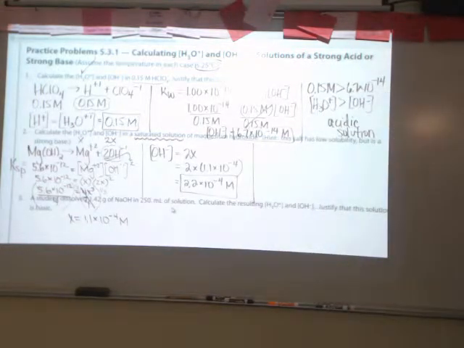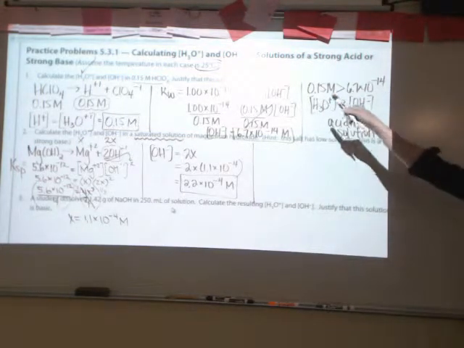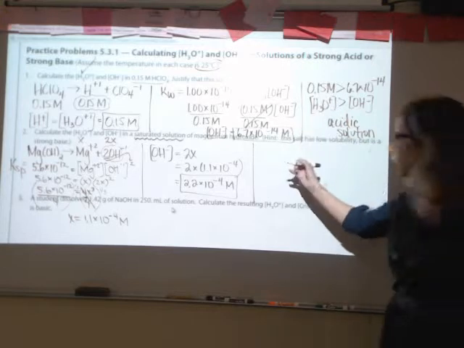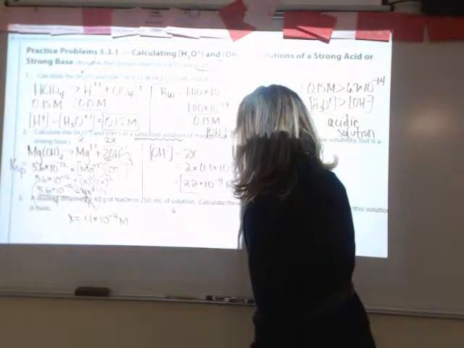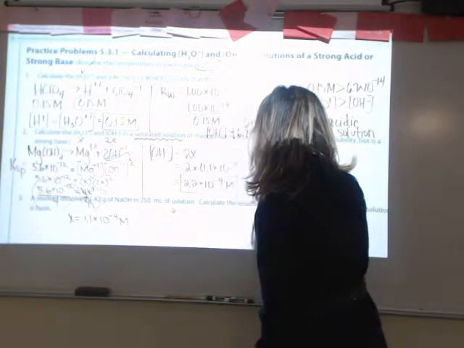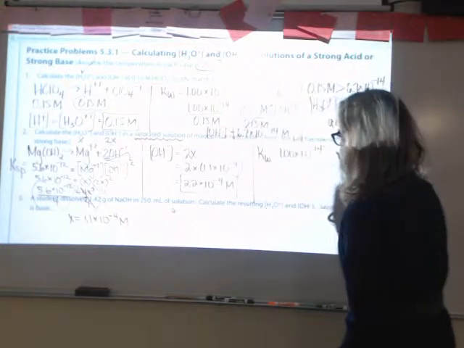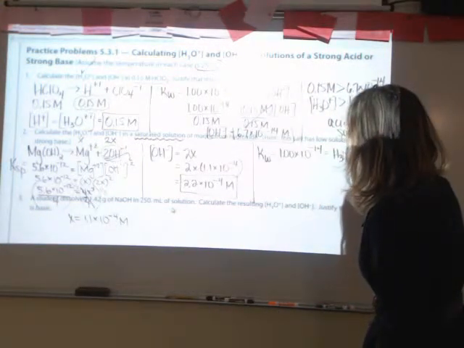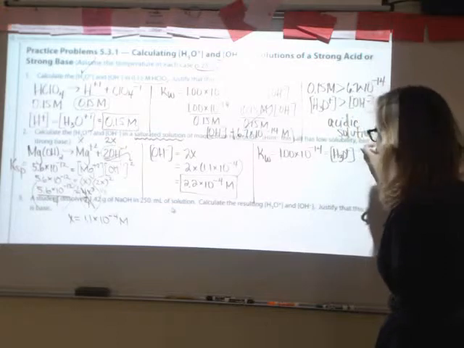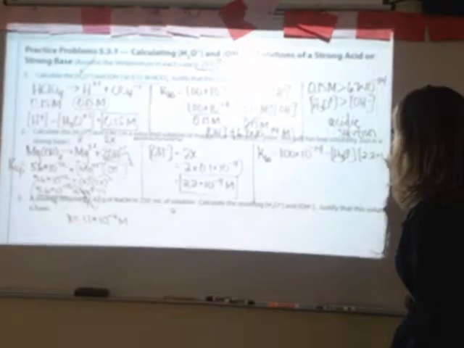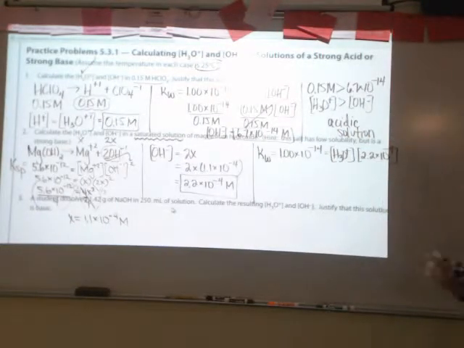Now, from there, I'm at 25 degrees because it said so up above. So now I can use my Kw value of 1 times 10 to the negative 14 equals the hydronium ion concentration times the hydroxide ion concentration, which is 2.2 times 10 to the negative 4th.